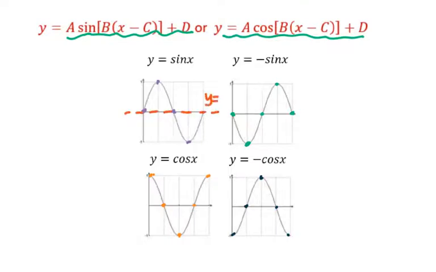This will be y equals D. For cosine x, the midline is y equals D. For negative cosine x, this one is y equals D.